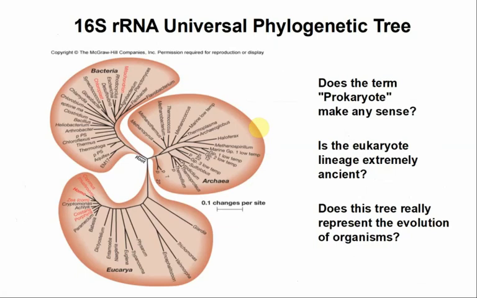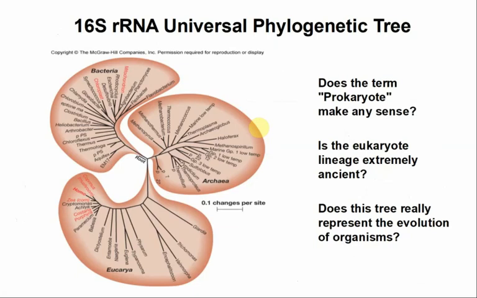So Carl Woese said it doesn't really make sense to group together archaebacteria and eubacteria in one group, because we should be thinking about three domains, not two domains of eukaryotes and prokaryotes, but eukaryotes, archaebacteria, and eubacteria.